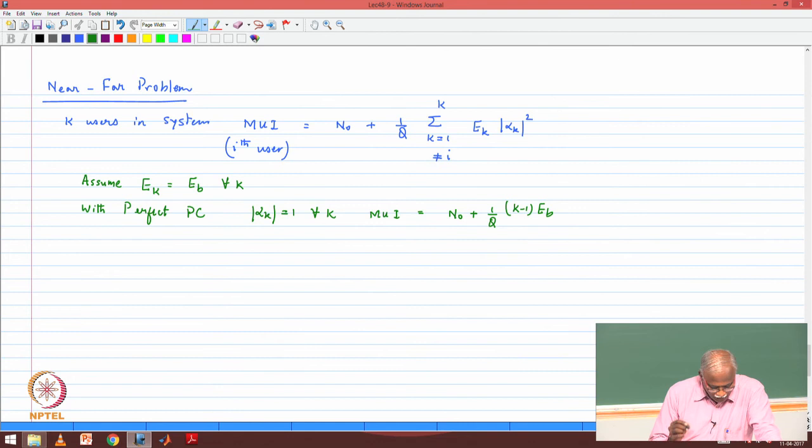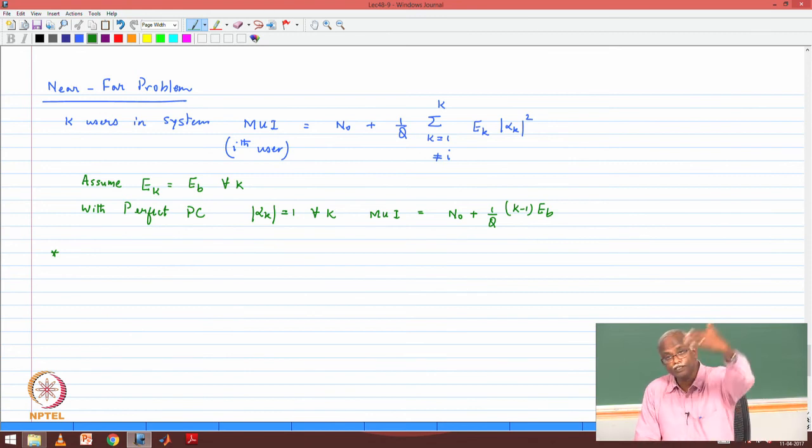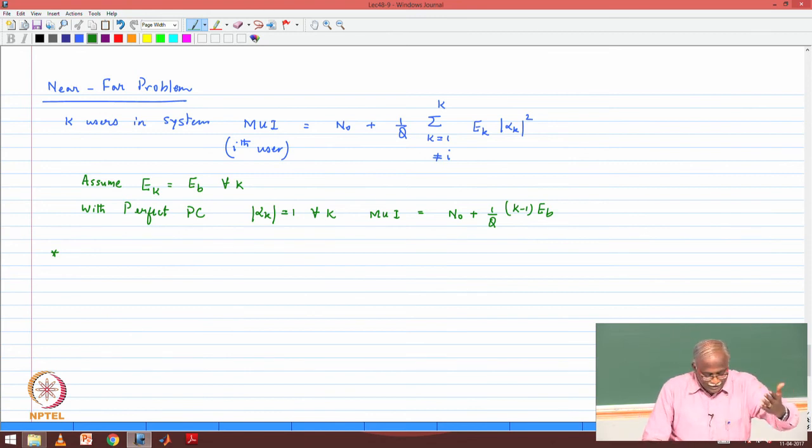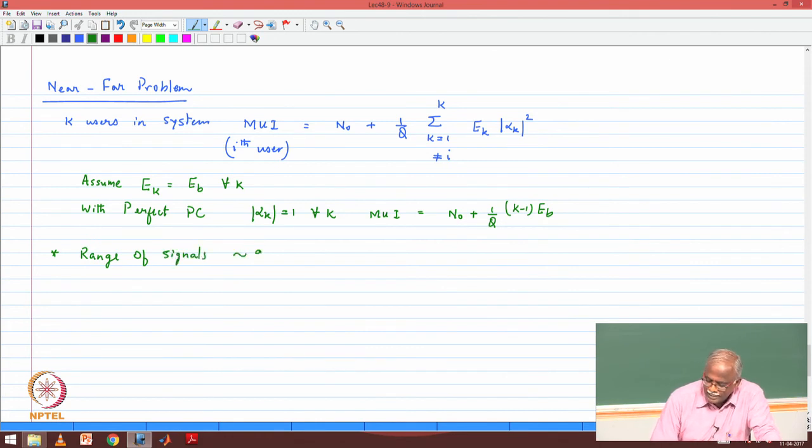Now, just for you to have a feel for the practical impact, when a base station is receiving in a CDMA system without power control, that is one user is close to the base station, one user is far away from the base station, the dynamic range can be as much as 90 dB. So, the range of signals is approximately 90 dB.